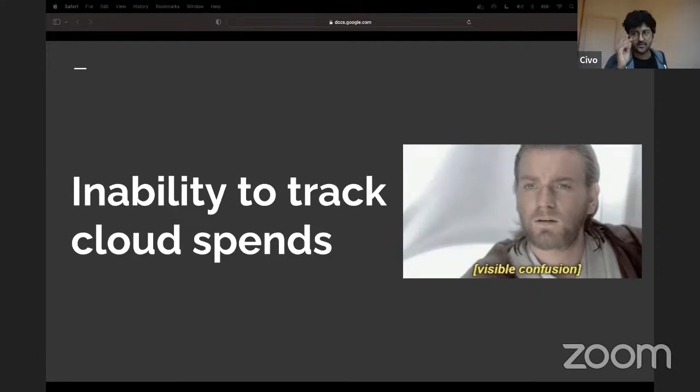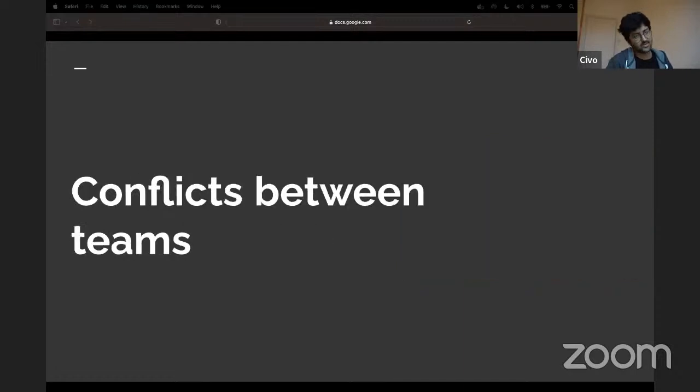Another challenge, and Matt, I'd love it if you can share any challenges you have faced as well, is a conflict between teams. Managing cloud resources and cloud costs ideally should not be handled differently by every team or department inside the firm.